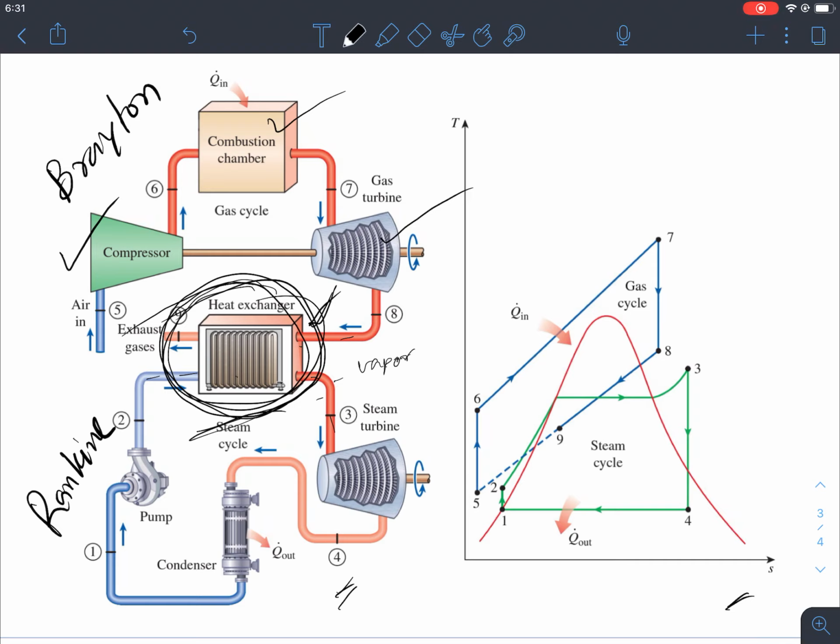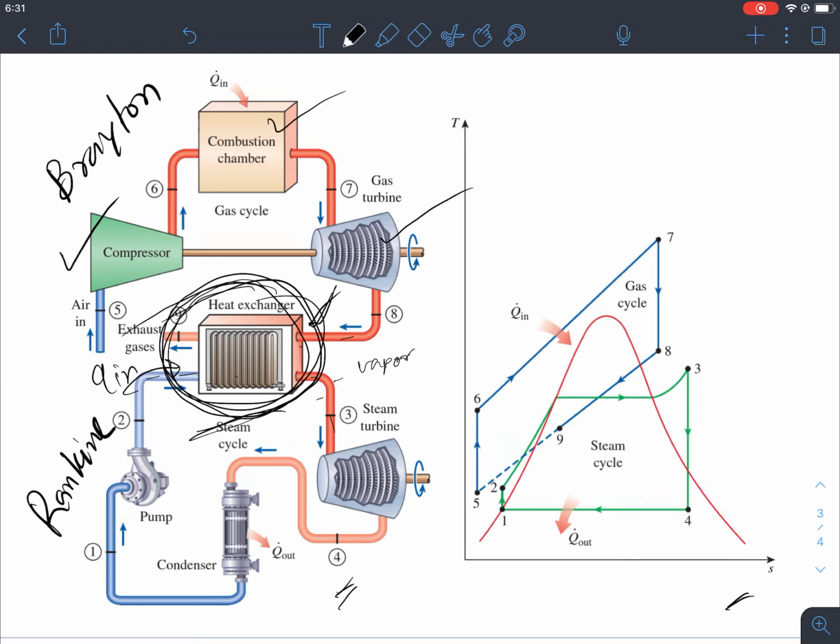You are utilizing a boiler, and to raise the temperature in the boiler, you have to put a lot of Q in, right? Either it could be nuclear energy or coal fired energy, right? So instead of using that Q in, you are simply utilizing a heat exchanger, which is basically reducing the cost and increasing the efficiency, right?